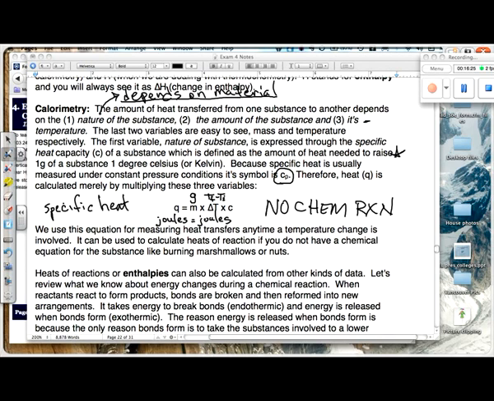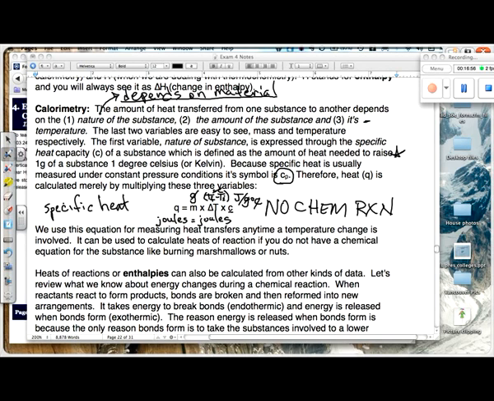And there's a reason why. We'll talk about that in a moment. That's measured in degrees Celsius or Kelvin. And then C, the specific heat, is measured in joules per gram degree Celsius. So when you multiply the 3 things together, the grams cancel and the degrees Celsius cancel, and that's how we end up with joules.